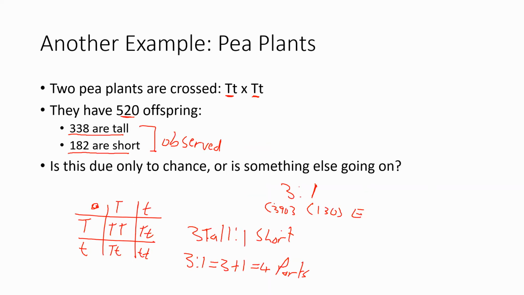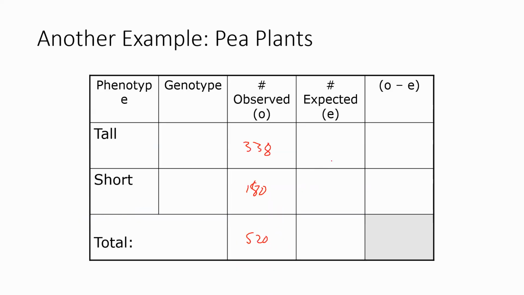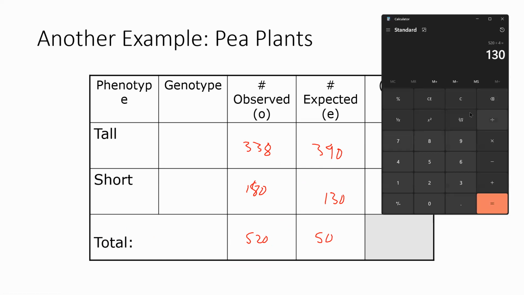Expected is 390 to 130. It goes the same 520, right? Then, of course, we have observed minus expected. So that's 338 minus 390. That's minus 52.